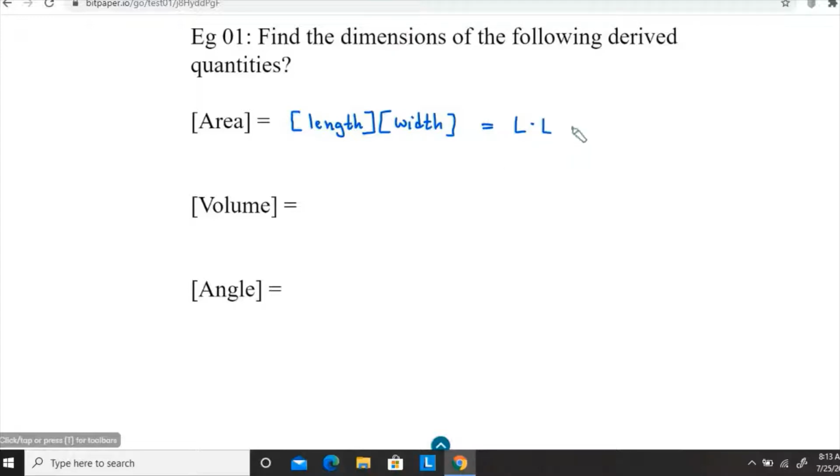So multiplied by L, and then you're going to get L squared. So length squared is the dimensions of area. So that's the important thing. You always mention the symbol as well as the exponent. So length squared is the dimension of area.